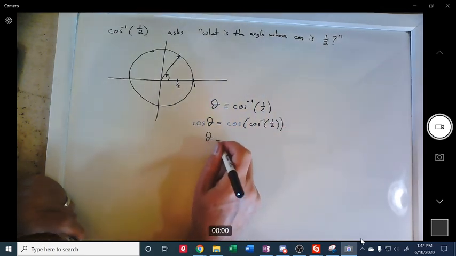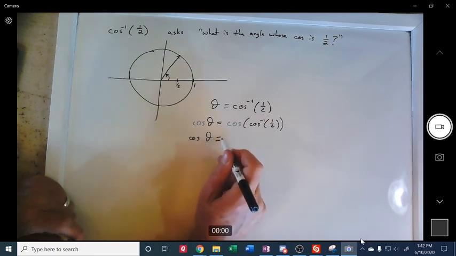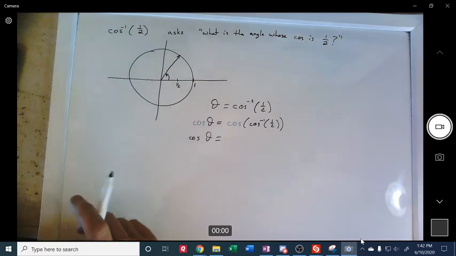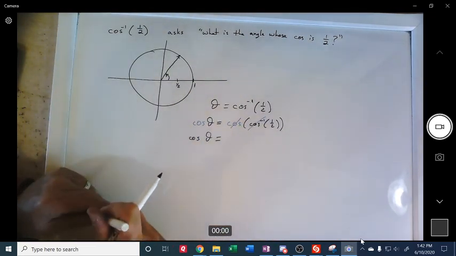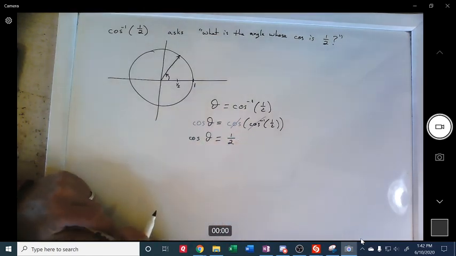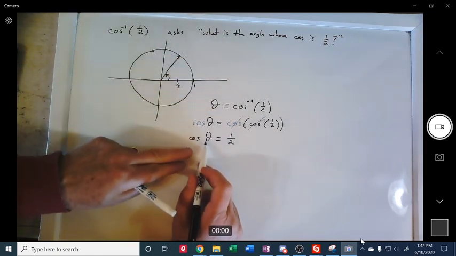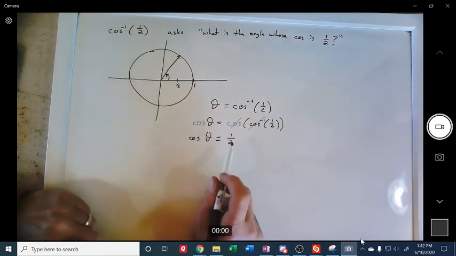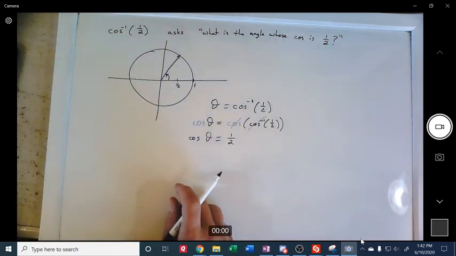So then cosine of theta, what happens to a function and its inverse? Kill each other off. This is also asking, what is the angle who, when I take its cosine, I get 1/2? But it's stating it in a forward sense rather than in an inverse trig function sense.